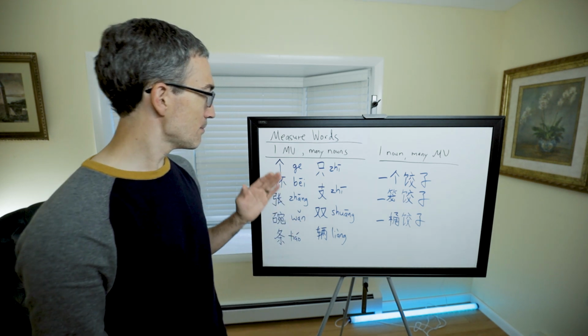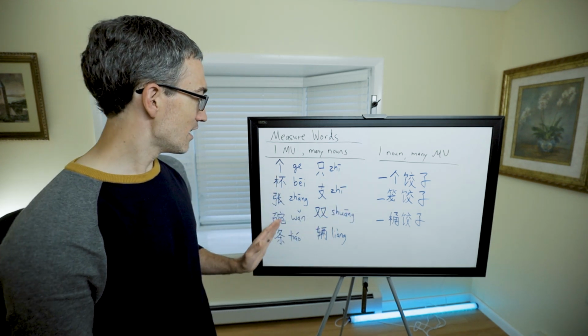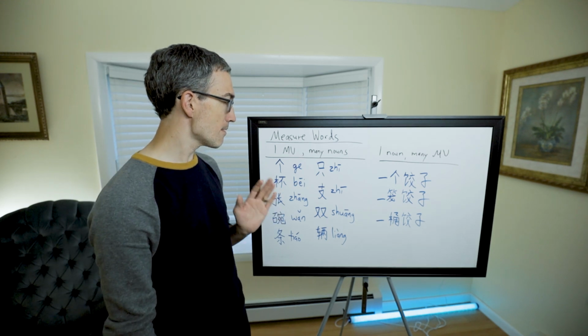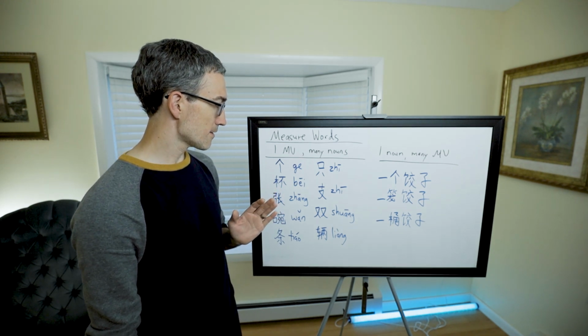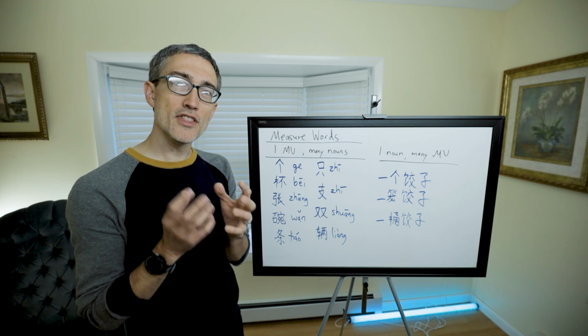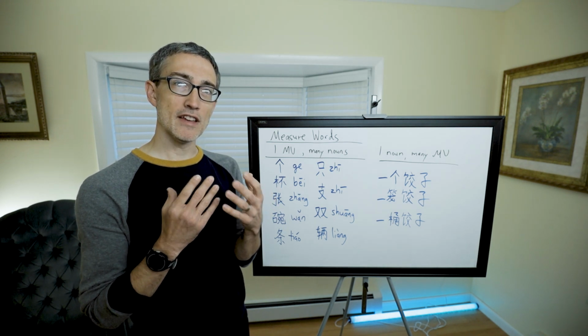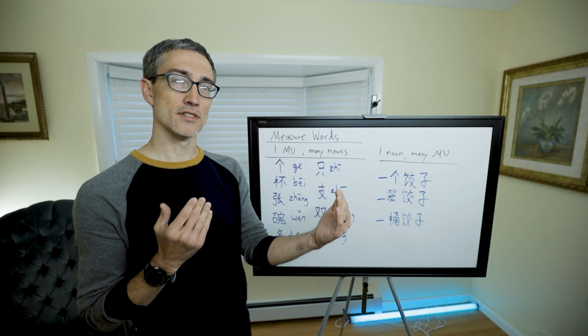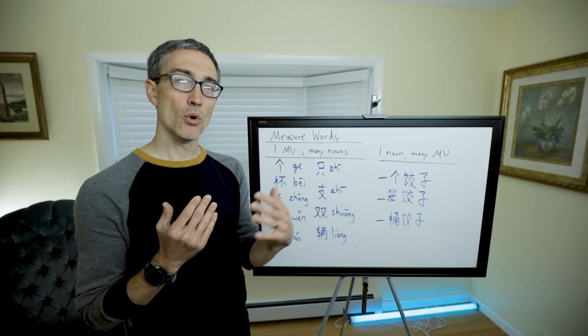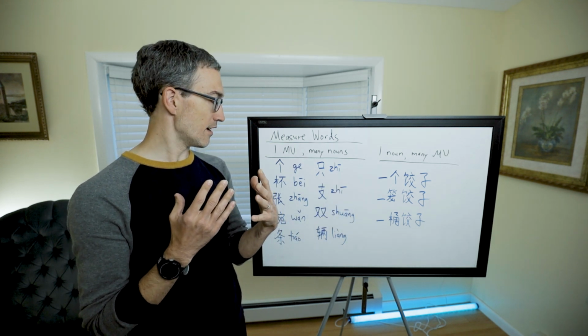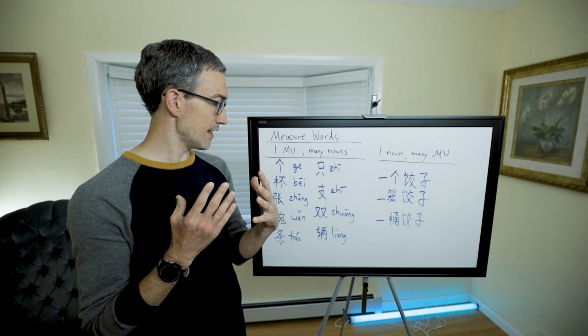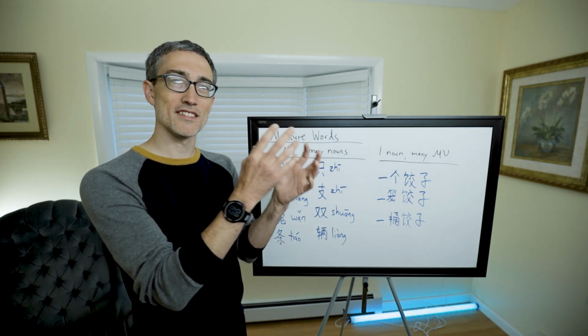All right, so let me break down another way measure words work. Some measure words, within the measure word itself, have some kind of information about the noun that comes after it, or certain kinds of nouns.